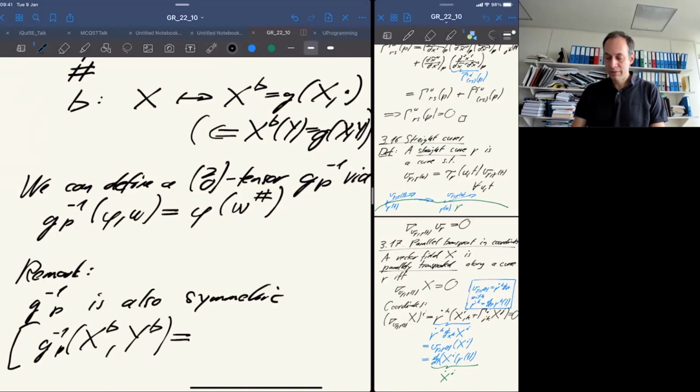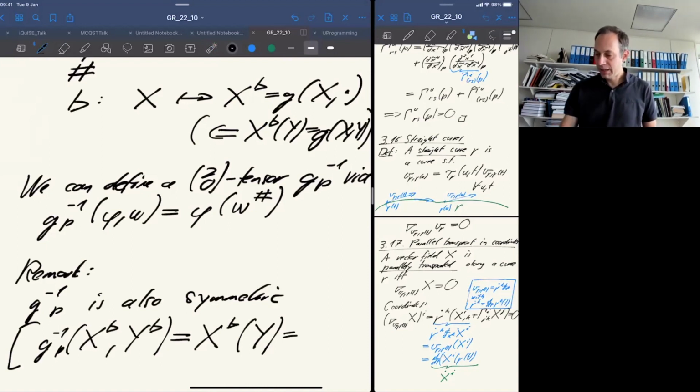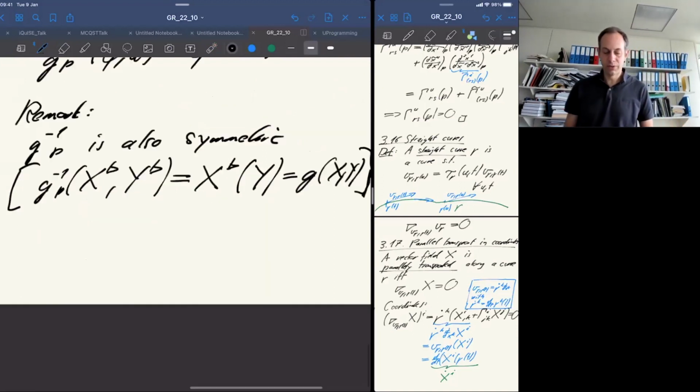So therefore we can write the arguments as that. And then if you now introduce this just into the definition, which says to apply the first argument, which is a covector, to the raising of the second argument, the raised y♭ is of course just again y, and what I get here is now exactly this. So I can write it in terms of g(x, y), and g is by definition already symmetric, so therefore g inverse is also symmetric.